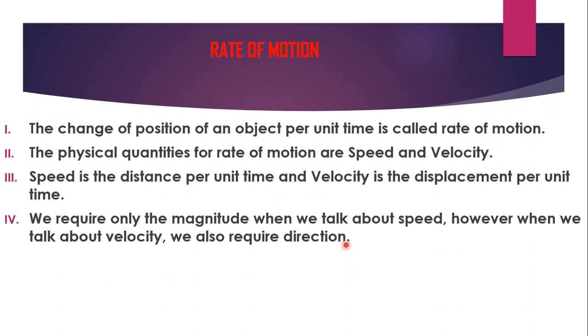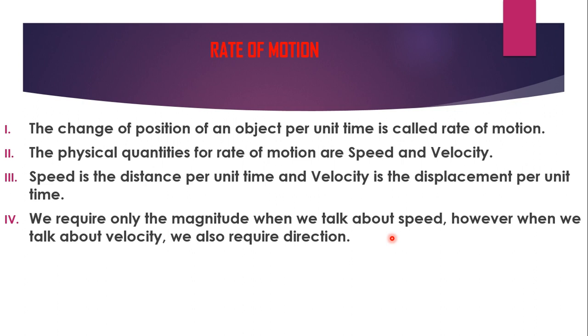It is already understood, because distance is a scalar quantity, and when we discuss distance, we don't talk about direction, we only talk about magnitude. Same way, when we talk about speed, we only talk about magnitude and not direction. However, when we talk about velocity, we talk about magnitude as well as direction, because velocity is displacement per unit time.